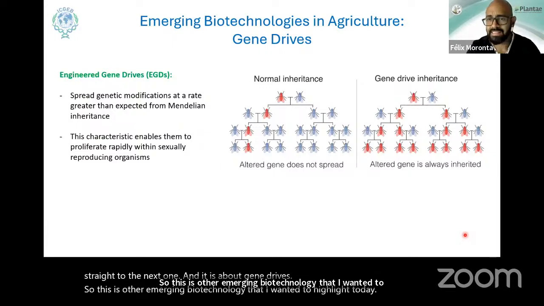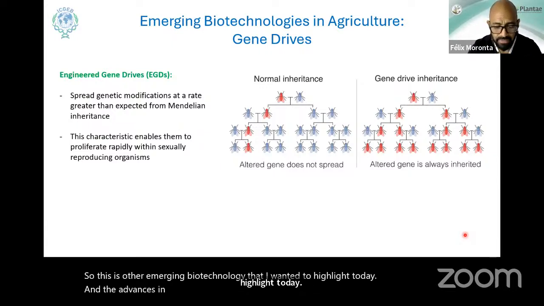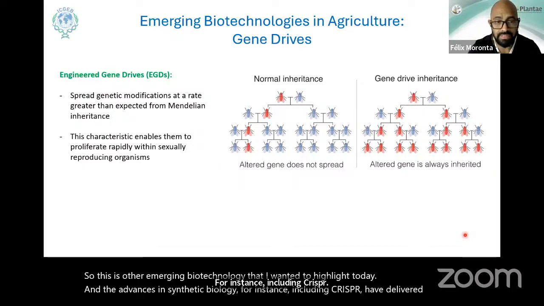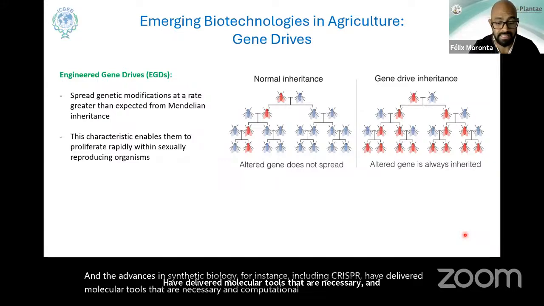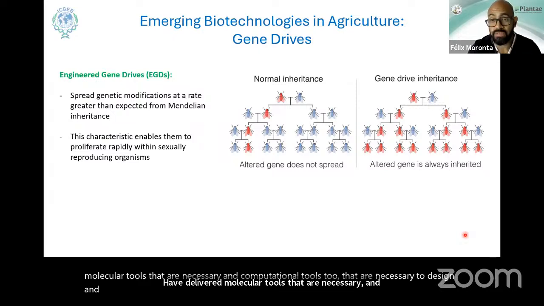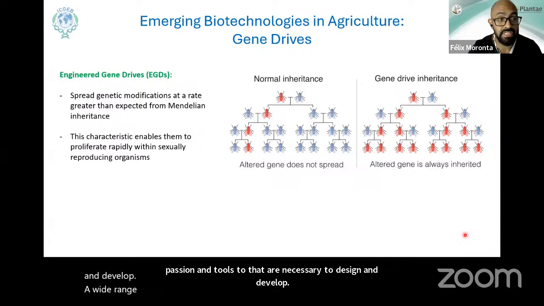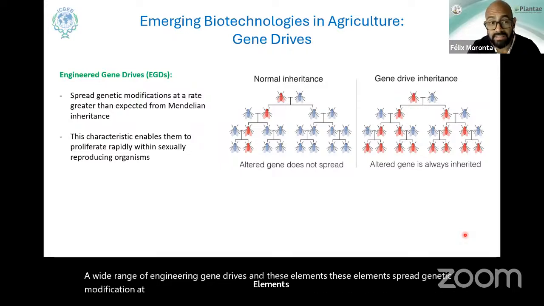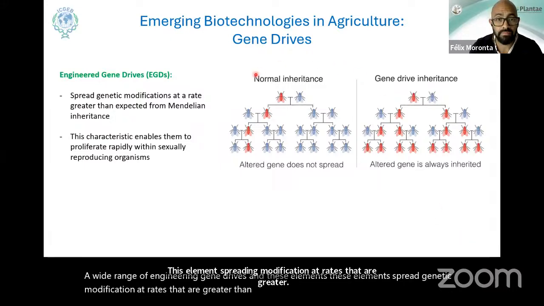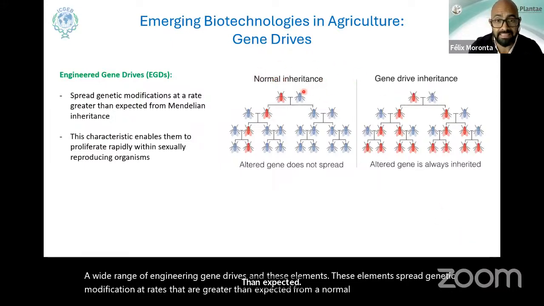Advances in synthetic biology, including CRISPR, have delivered molecular and computational tools that are necessary to design and develop a wide range of engineered gene drives. These elements spread genetic modification at rates greater than expected from normal Mendelian inheritance.